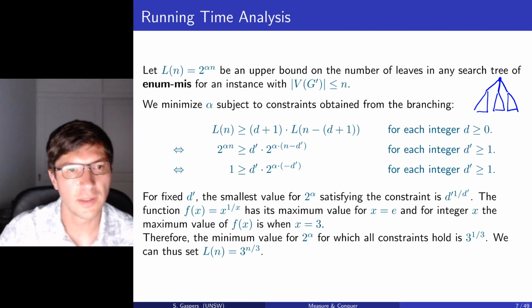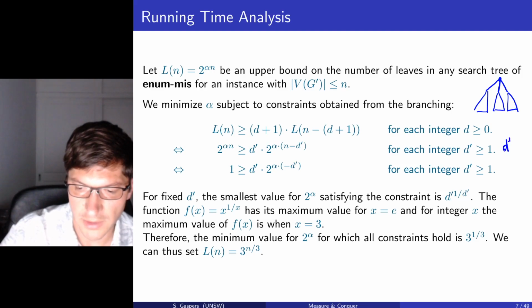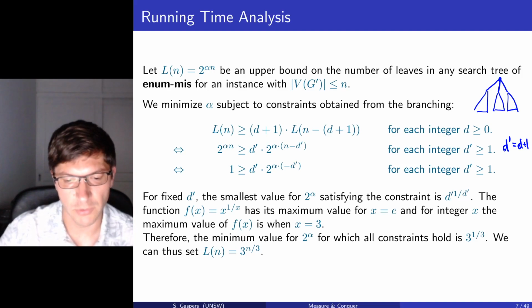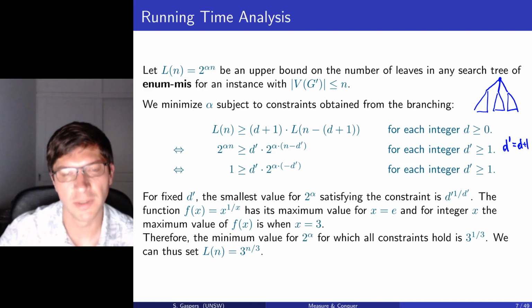And the other thing I do here is a small change of variables, so I basically set d prime equal to d plus 1. So d prime should be at least 1. And then we will get that 2 to the power alpha n is at least d prime times 2 to the power alpha n minus d prime.